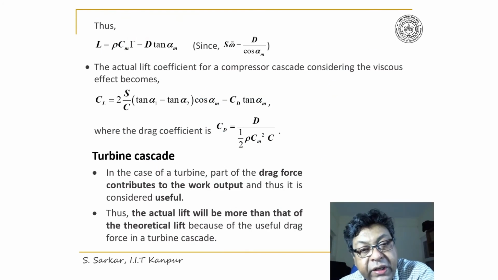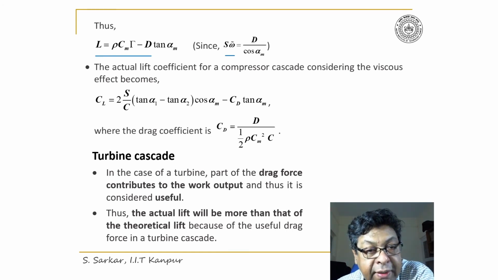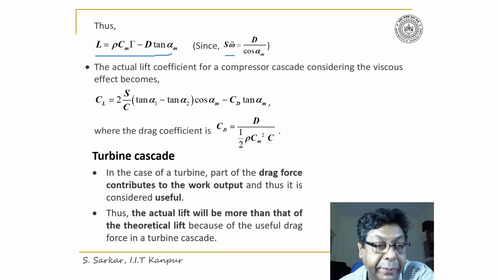Thus, substituting the value of S omega tilde, the actual lift would be rho Cm into gamma minus D into tan alpha m.